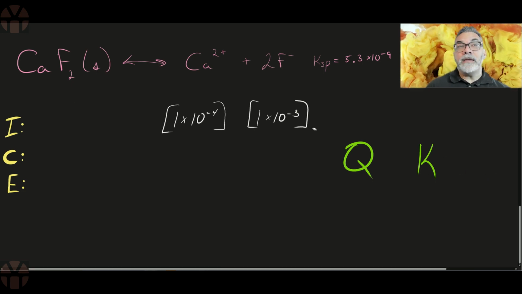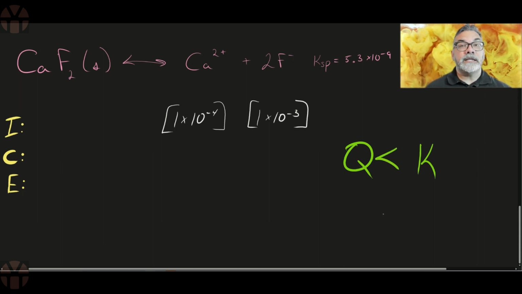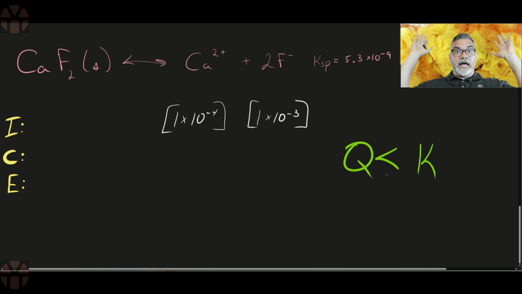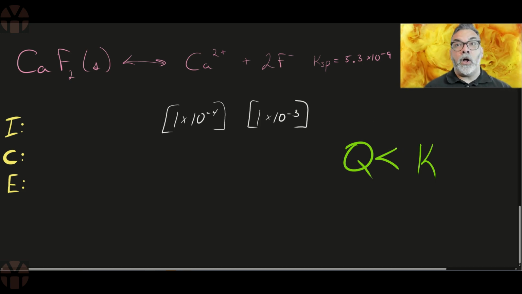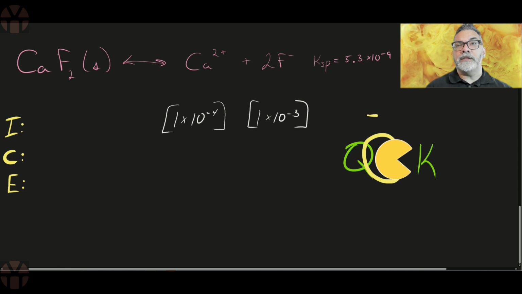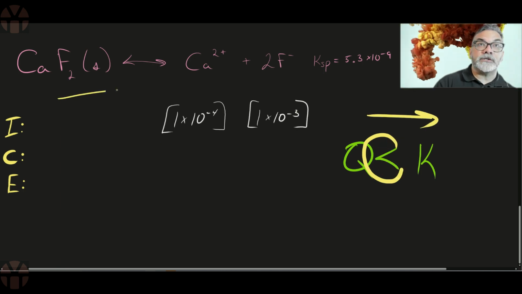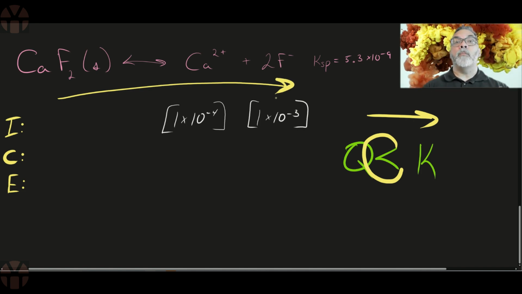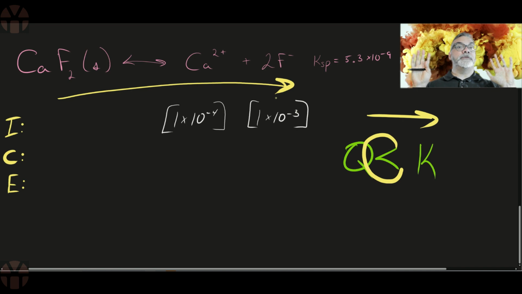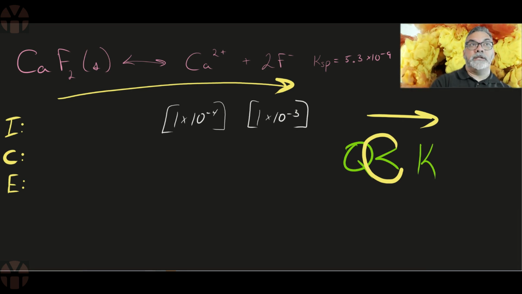Well, maybe when I compare Q to K, I find that Q is less than K. Wonderful. If Q is less than K, again, recall, we make our little Pac-Man. In this case, Pac-Man is eating to the right, or this reaction is going to shift more to the right, which means that we're going to make more ions. Or, say it a different way, there is room to make more ions in the solution.